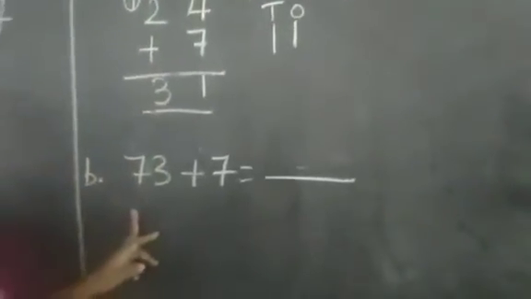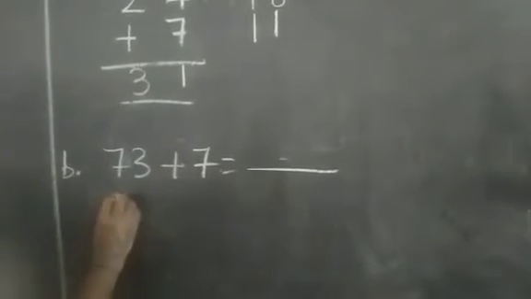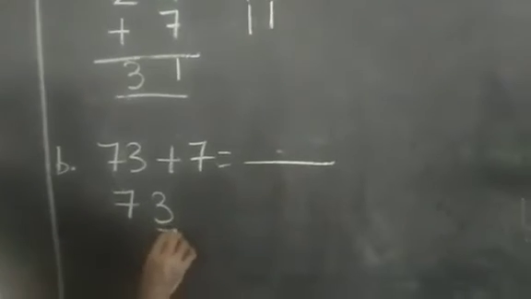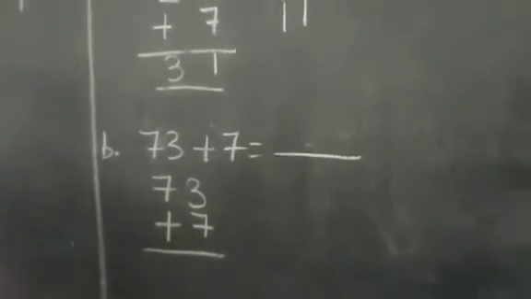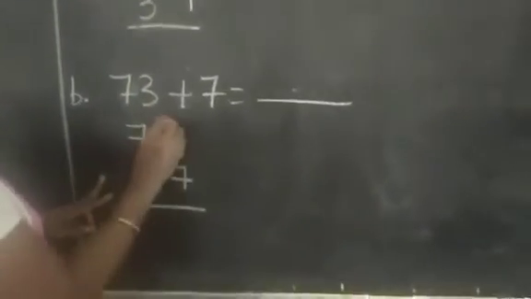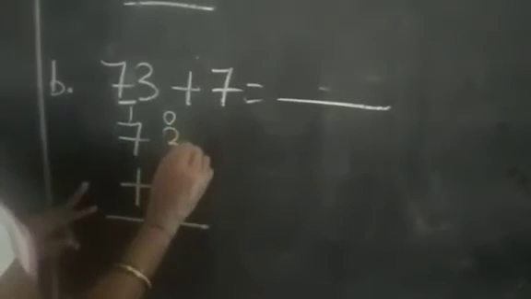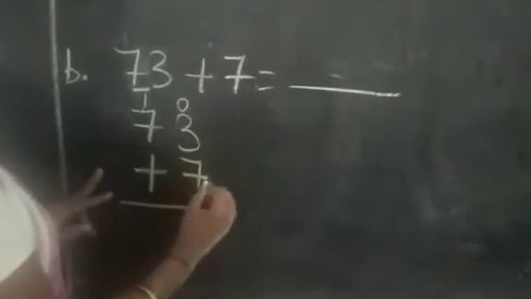One more example I will show you, children. 73. The single digit number is 7. The same way, here is the ones place and tens place. In the ones place 3 and 7.